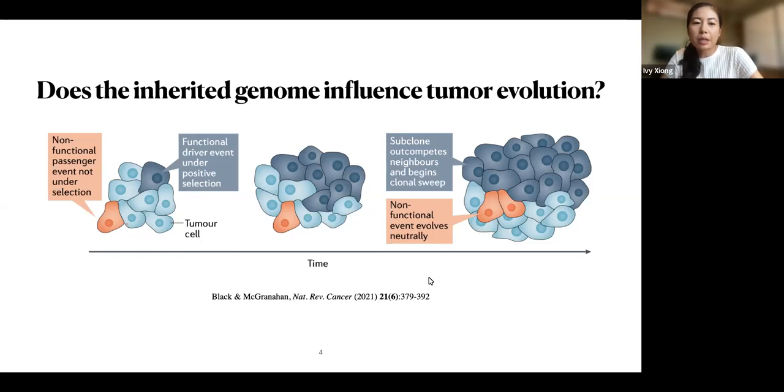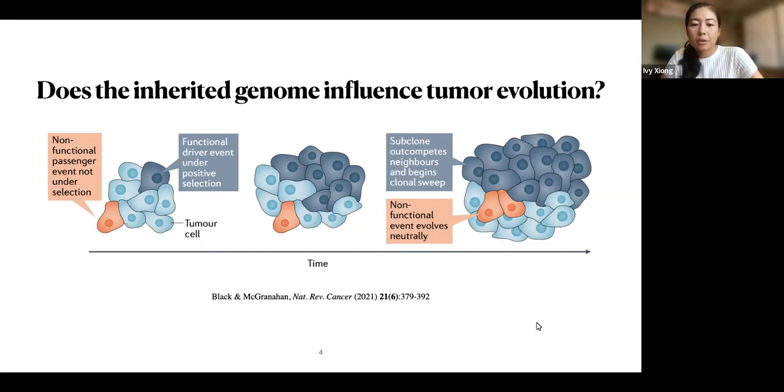My research question during my PhD was: does the inherited genome ever influence tumor evolution? We know that clonal expansion is driven by hotspot mutations in one clone, but does it matter what the inherited genotype of those clones is?